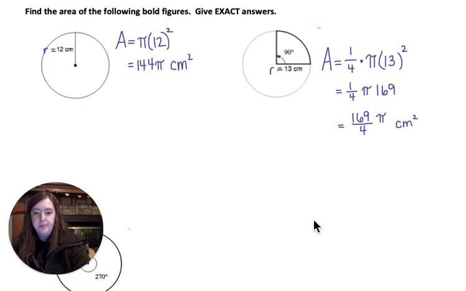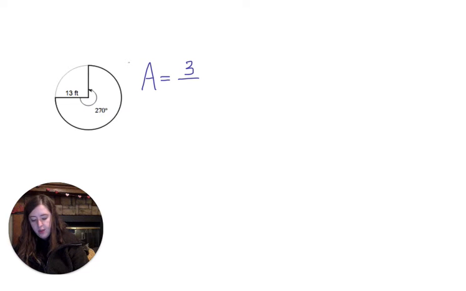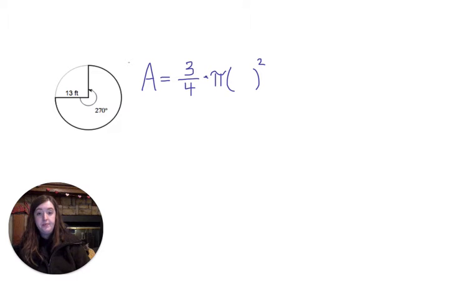Let's look at the next one. So over here, now we have 3/4 of a circle, right? So now we'll take 3/4 of pi times the radius squared. So in this case, our radius is going to be 13. So 13 squared is 169.